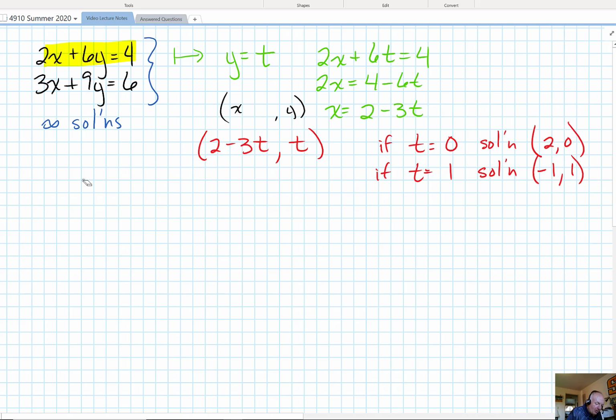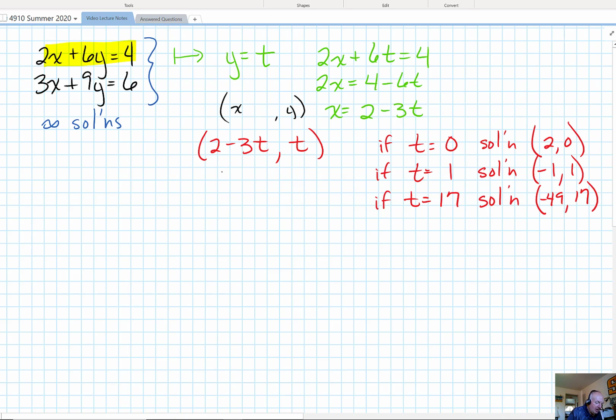And you could keep going. We don't need to do this, but just to demonstrate, let's say t equals 17, then we get 2 minus 51, so negative 49 comma 17. That is a solution. So we don't need to write all these down.